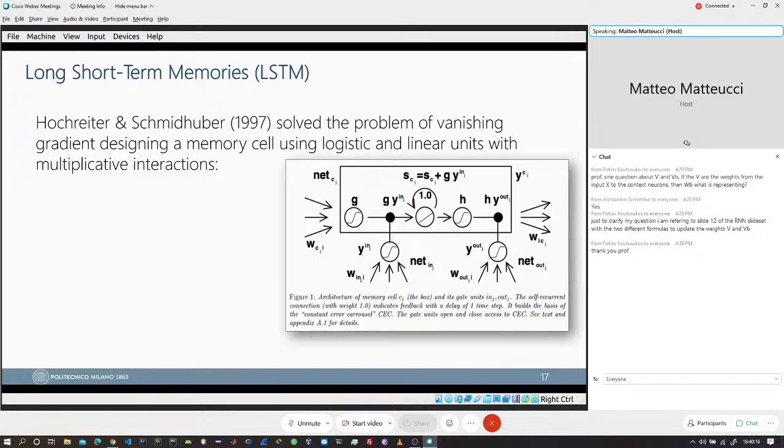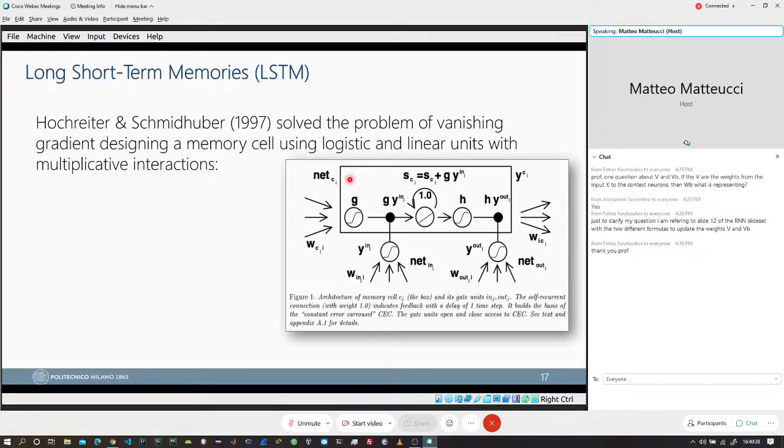As soon as I finish with this set of slides, I will also update with the correction that we just pointed out. Okay, I hope that this clarified the question you had on the chat about what is V and what happened to WB.